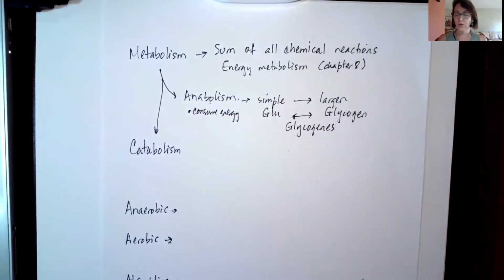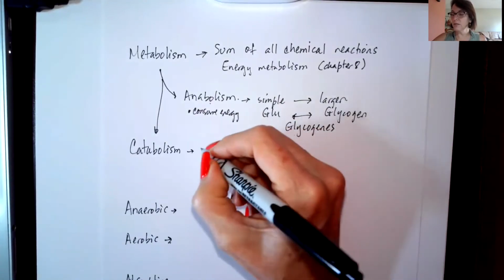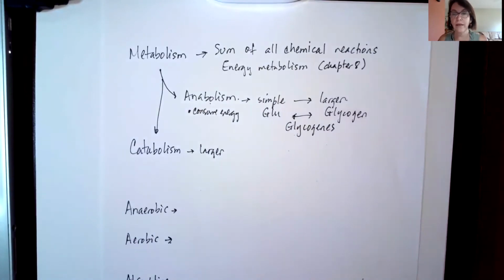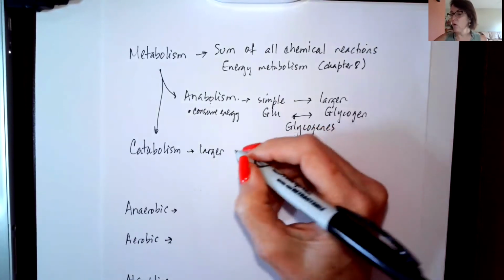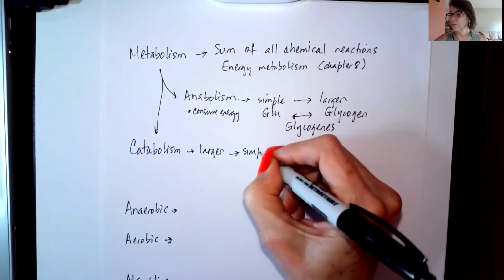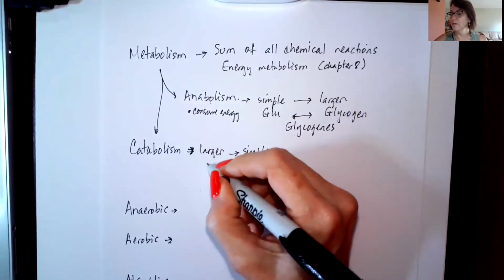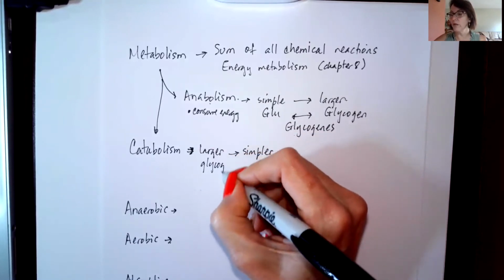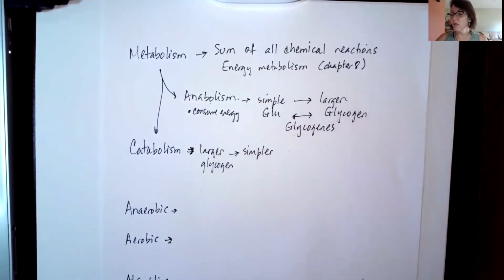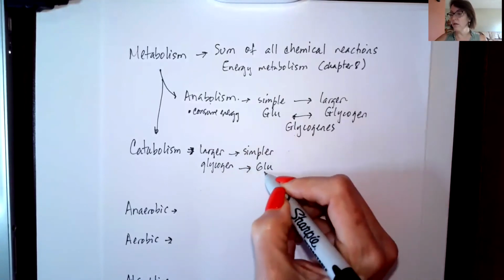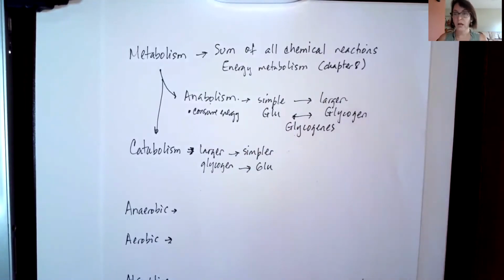In catabolic reactions, in contrast, we start with something larger, and then we break down these molecules. We break down bonds in this molecule to obtain something simple. For example, we start with glycogen in case we are low in glucose, and then we obtain glucose. A polysaccharide, a larger molecule, is used to obtain glucose units by breaking bonds in glycogen.